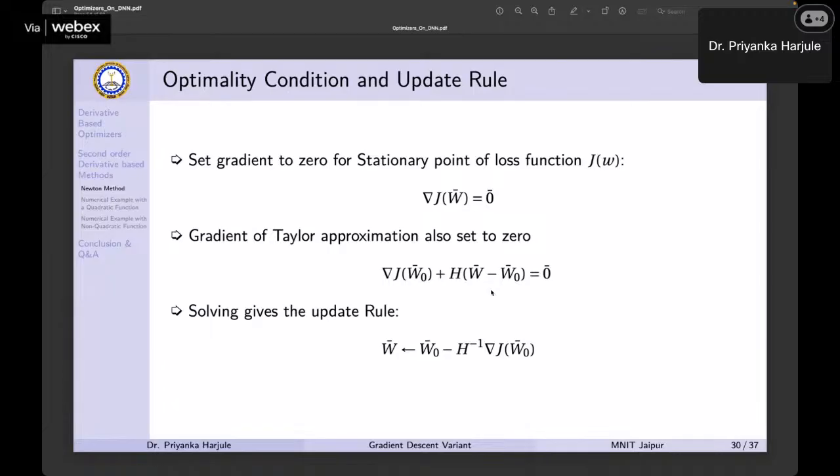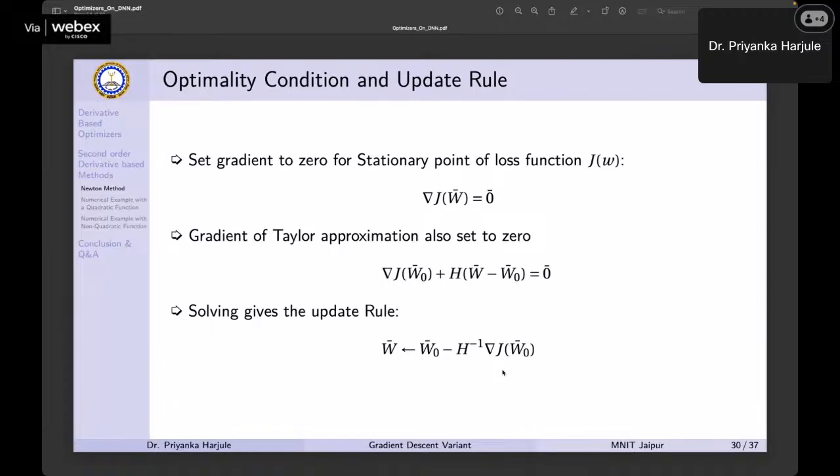We can rearrange these optimality conditions to obtain the Newton update. That is, the weights are updated using w naught bar minus H inverse times the gradient of J of w naught bar. Here your update involves the inverse of the Hessian matrix and the gradient of the loss function.